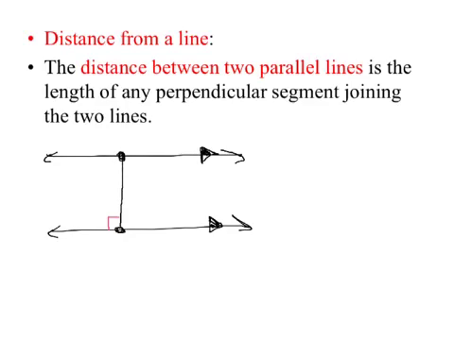So I've drawn a segment in between the parallel lines that is perpendicular. And the length of this segment is the shortest distance between the two parallel lines. So we're going to be using that opposite reciprocal slope and finding some points and actually calculating this distance.